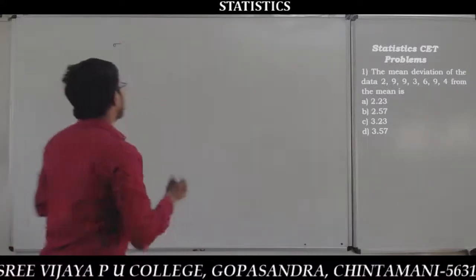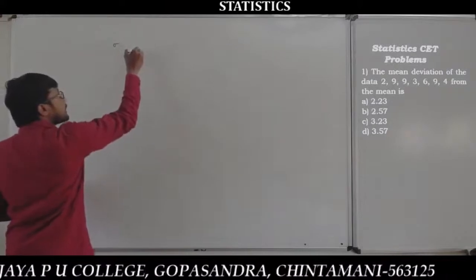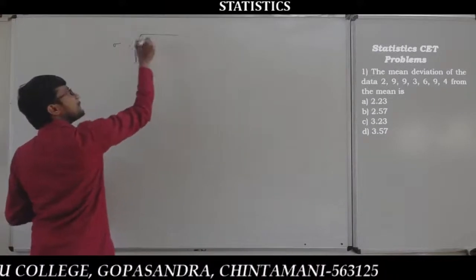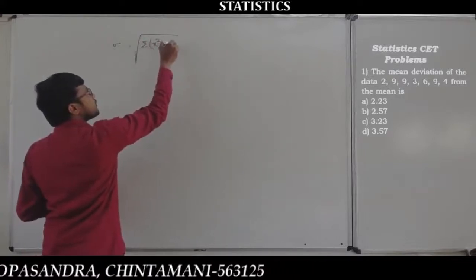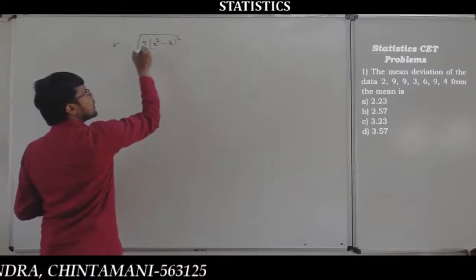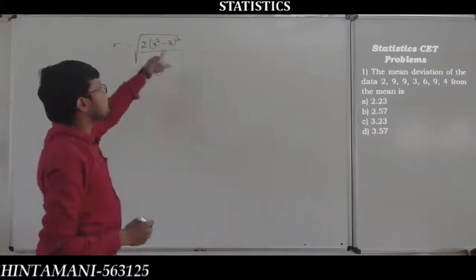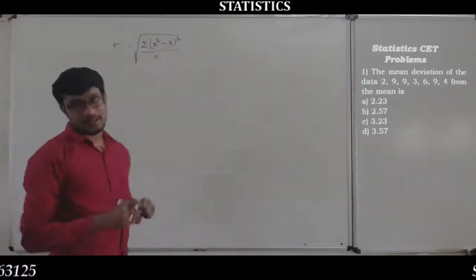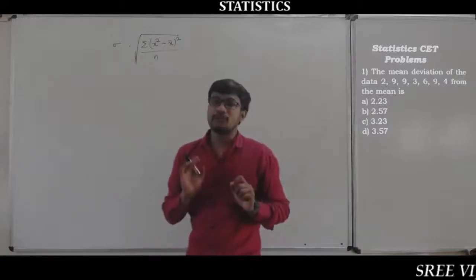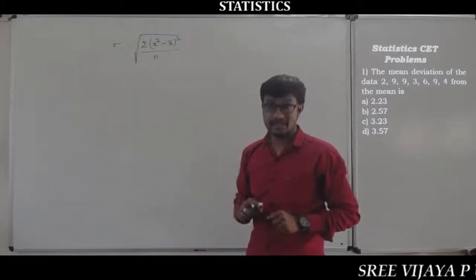Standard deviation is the square root of the mean of squares of deviations of the observations from the mean, divided by n. So this is a simple formula to find the standard deviation.